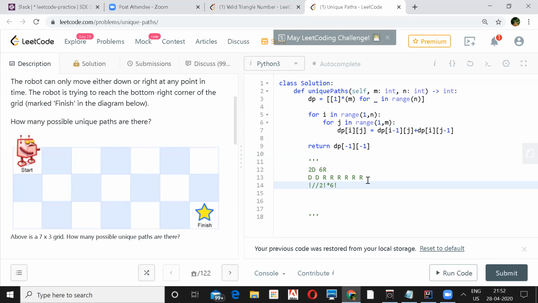N plus m minus 2 by n factorial by. Yeah, n plus m divided by 8C2, right? 8C2, yeah. You have to subtract minus 1 because for 3 we are going only 2 steps down.